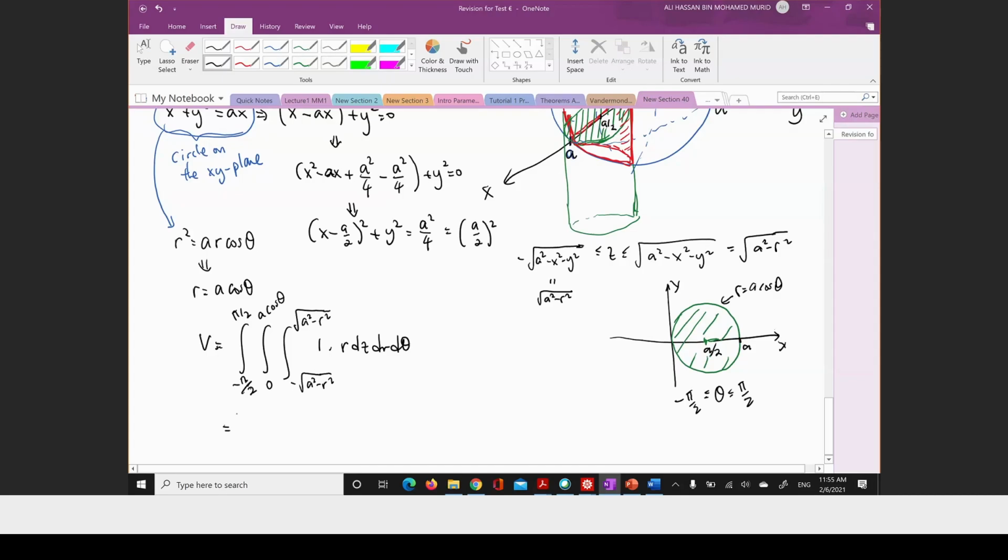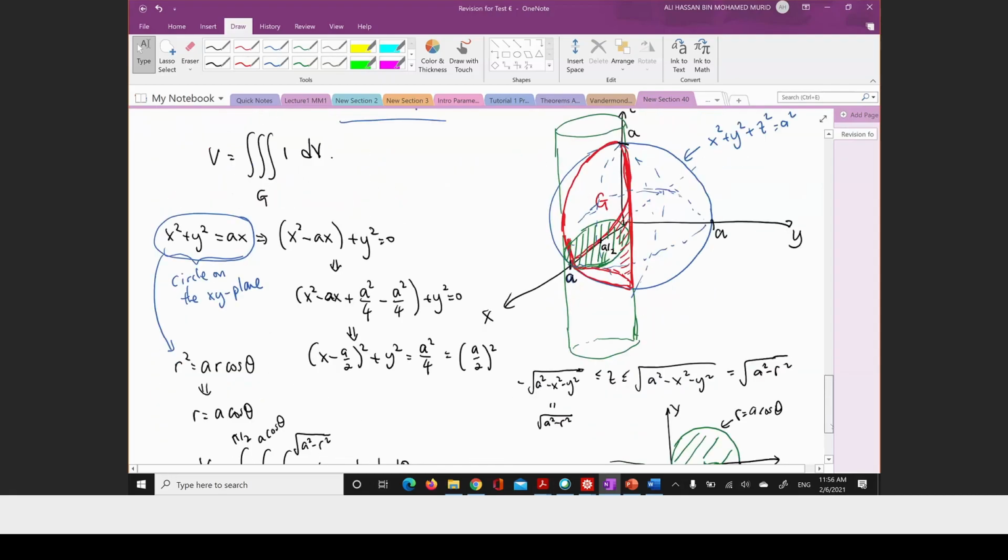So this is the setup of the volume integral using cylindrical coordinate. The idea is to use cylindrical coordinate.